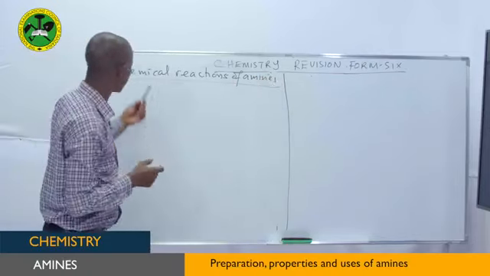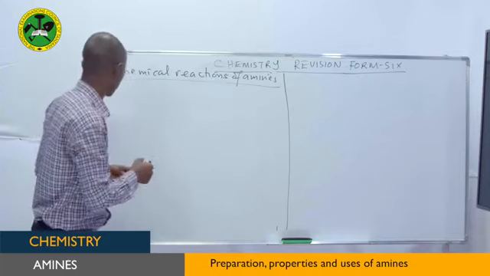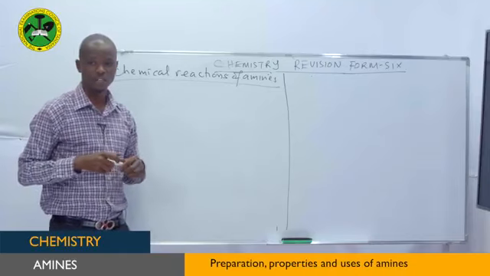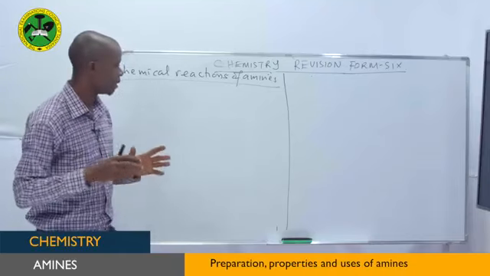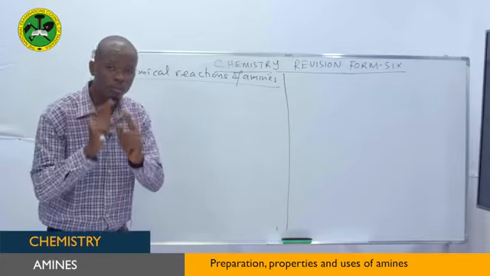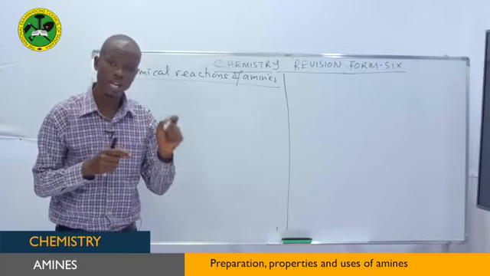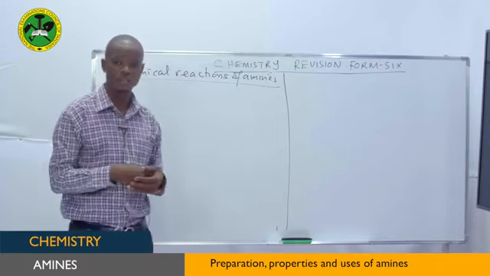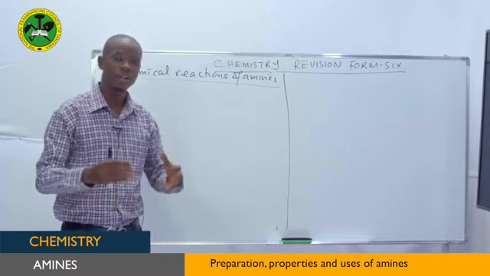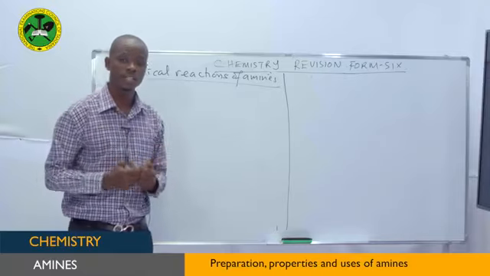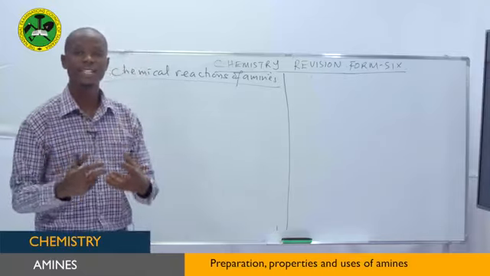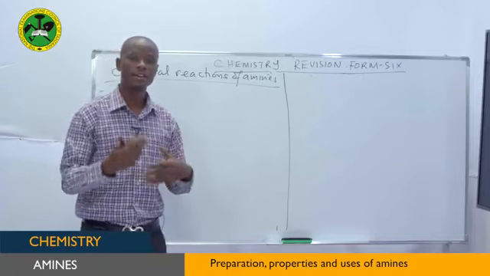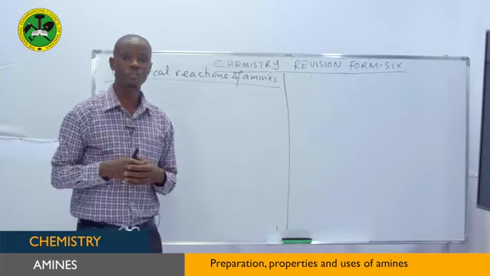Now let us consider how amines react. Amines react, as I said, by donating electrons. So the availability of that lone pair on the nitrogen atom for donation explains the reactivity of these amines. If that is the case, we can generally say that amines react as bases. They are Lewis bases, reactive by donating a pair of electrons.